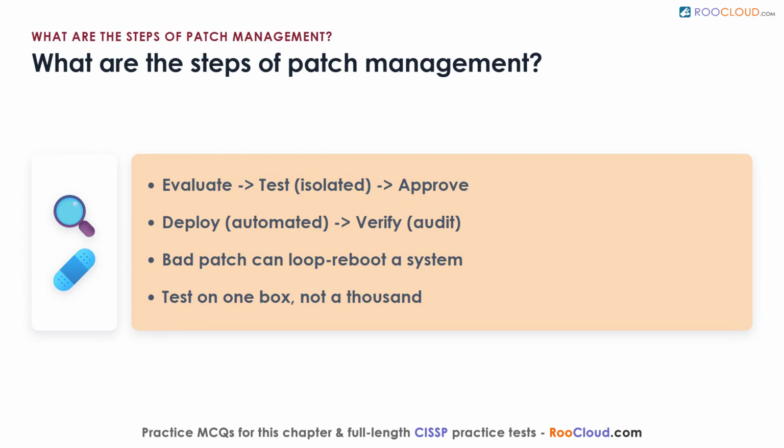Third, approve the tested patch, often routing it through your change management process. Fourth, deploy it, usually with automated tools. And fifth, verify it's stuck, auditing systems to confirm they are actually patched. Smaller shops may just auto-approve everything, but larger ones take control to avoid outages.